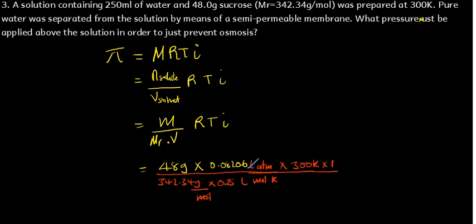Liter cancels with liter, mole cancels with mole, Kelvin cancels with Kelvin, and the gram cancels with the gram there. So the only unit that is going to remain is atmosphere, and that is the osmotic pressure, and that is going to be equal to about 13.8069052 if we punch it on the calculator, which you can just write as 13.8 atm.